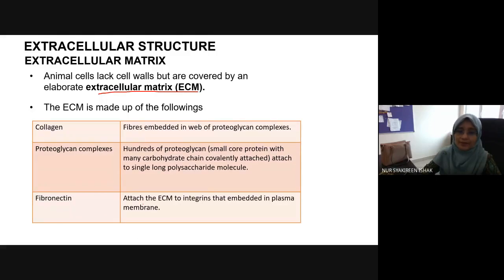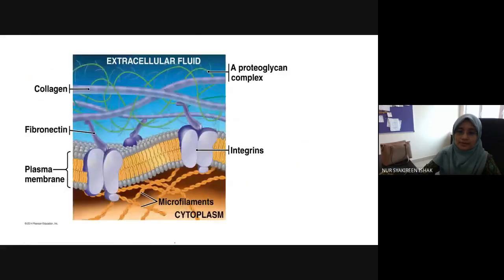So collagen, if you look at this picture, these are extracellular matrix. It is made up of collagen, the blue, purplish structure here, and then they are surrounded by proteoglycan like this, the green structure here.